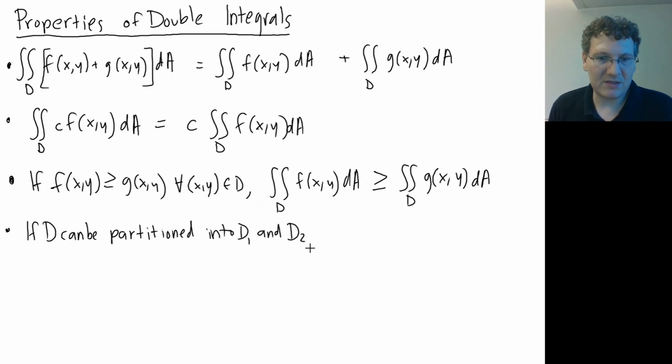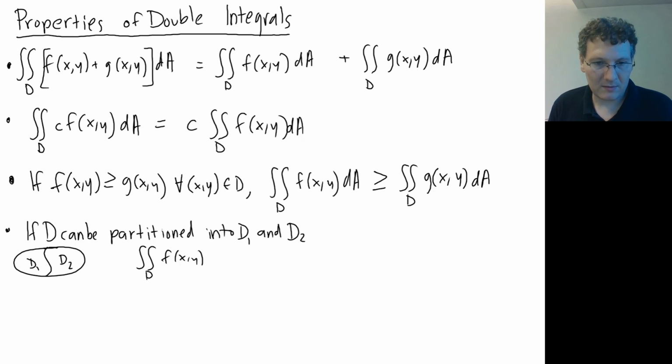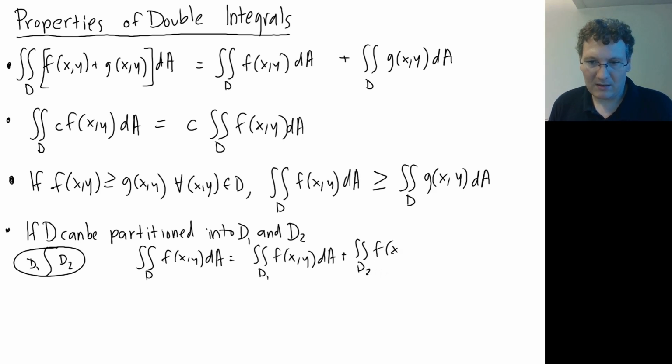If D can be partitioned into D1 and D2, that is to say your region D is here, and you can split it into D1, D2, then the integral over D of f of xy dA is going to be the integral over D1 of f of xy dA plus the integral over D2 of f of xy dA. And you could partition it into multiple little subregions. Remember, a partition is non-overlapping and complete, so there's nothing left out. That's what a partition is.